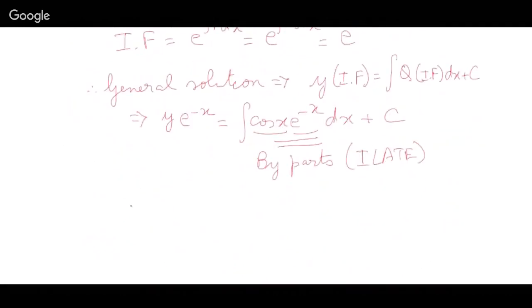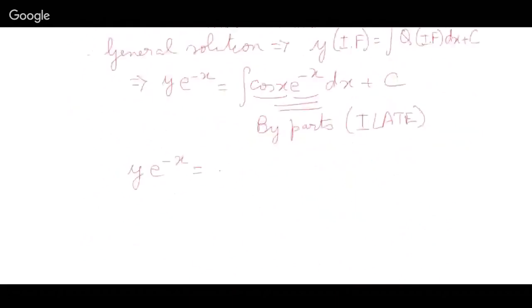So what we get over here is y e to the power minus x is equal to minus cos x e to the power minus x minus integral of sin x e to the power minus x dx plus c. Instead of writing plus c for each and every step, we'll write the plus c at the final step.